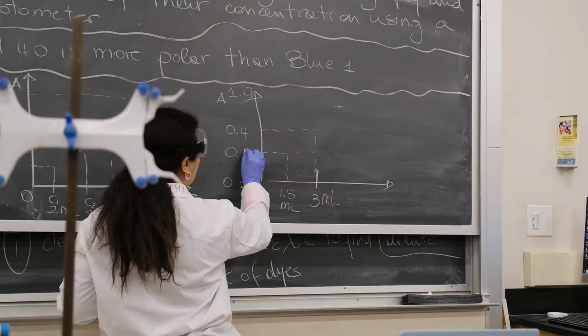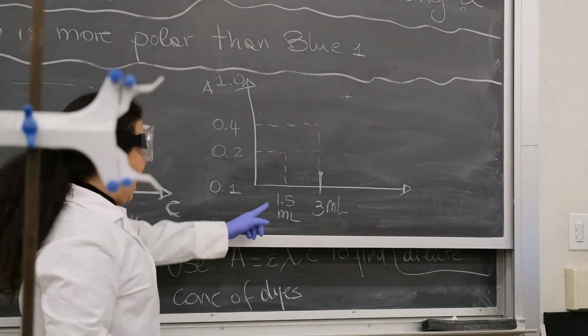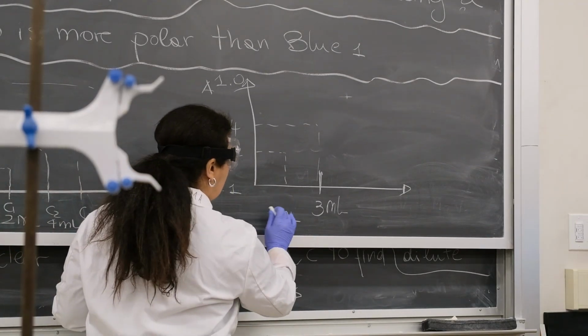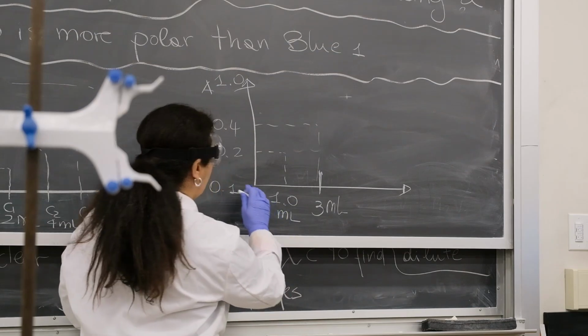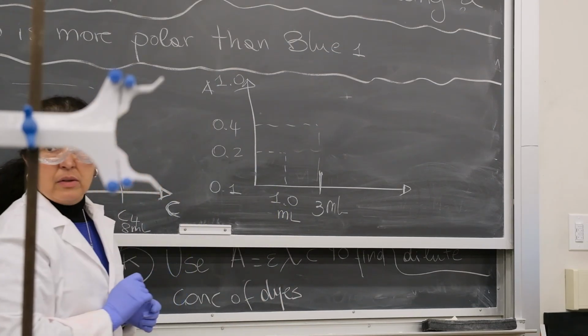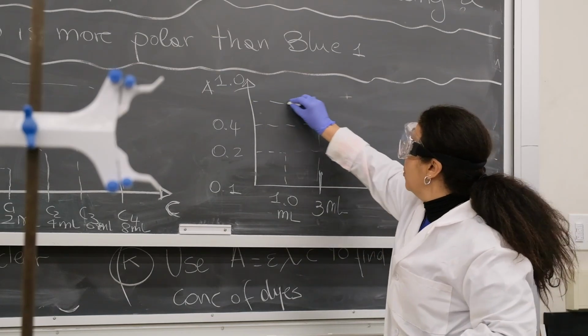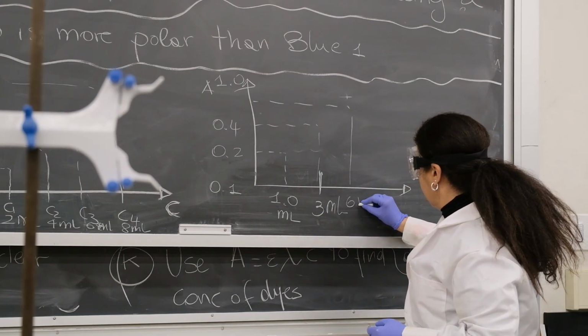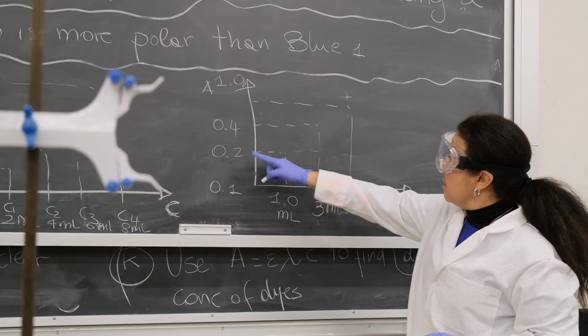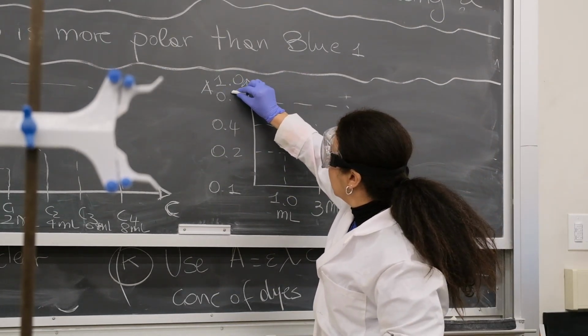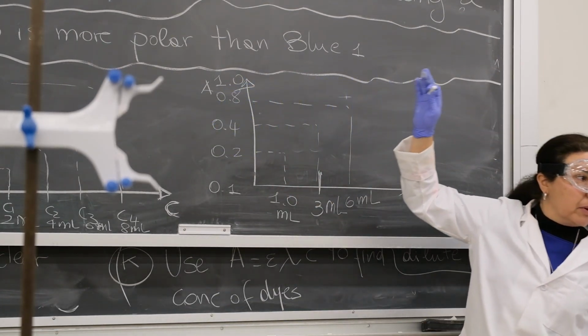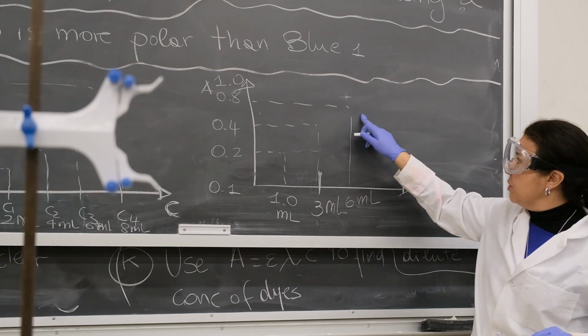So 0.2. You might go to 1 instead. It's your call, 1 milliliter, and then you get an even lower value, right? Then you double these milliliters. Let's say that you use 6 milliliters, okay? And so this will be 0.8. I'm making up the numbers, okay? You will find out what is the absorbance.